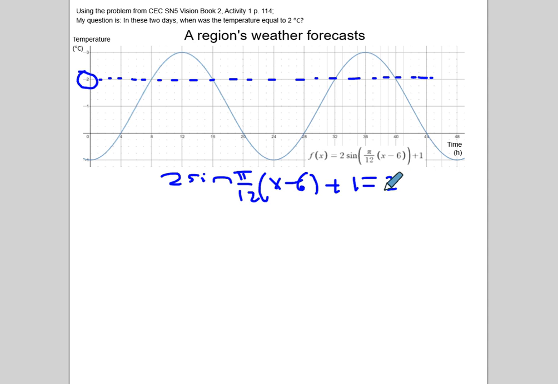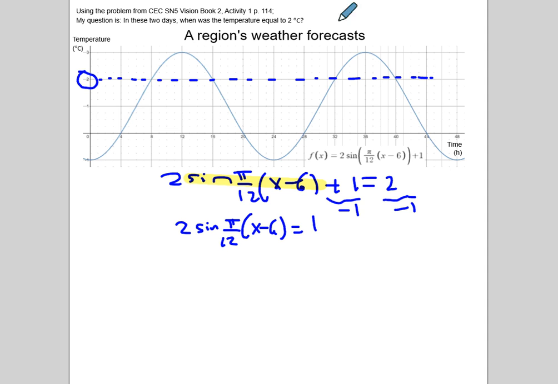So the first thing we're going to do is isolate our sine part. I'm just going to show you. We need to get rid of the plus 1 here. To get rid of plus 1, we do the same thing on both sides. We're going to do minus 1 on both sides. So now we're left with 2 sine of pi over 12 times x minus 6, and that now is equal to 1.